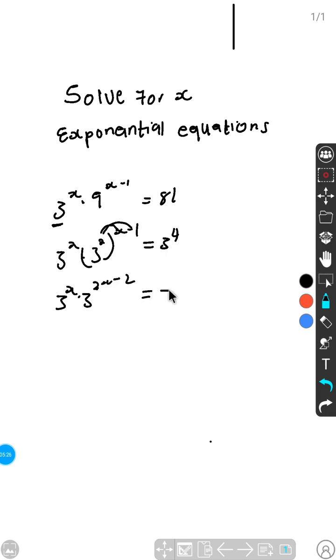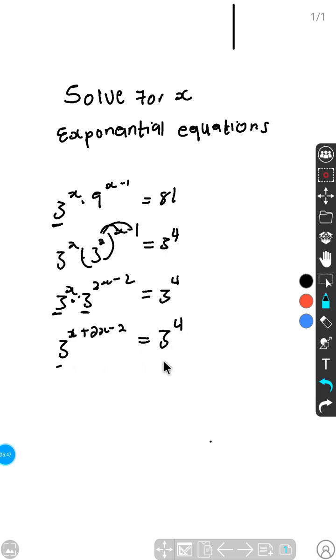Here we have the same base, and with multiplication in between, we can add the exponents. X plus 2x minus 2, as the exponent, is equal to 3 to the power 4.